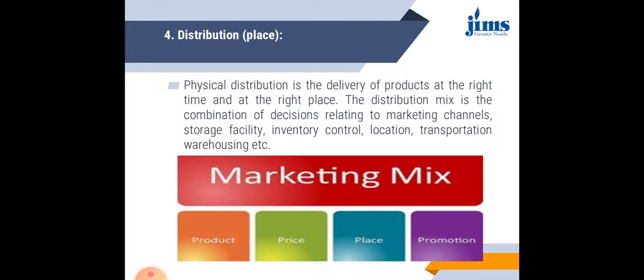The distribution mix includes the combination of different decisions relating to marketing channels, storage facility, that is the warehousing part, right, inventory control, then location, that is the geographical location of the customers, then transportation facility to be available, right, and then warehousing, etc.